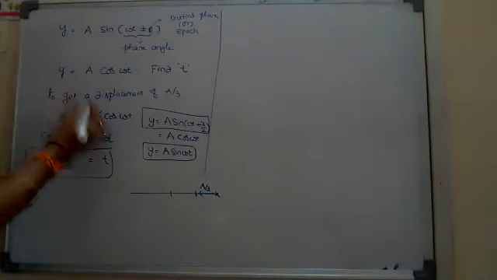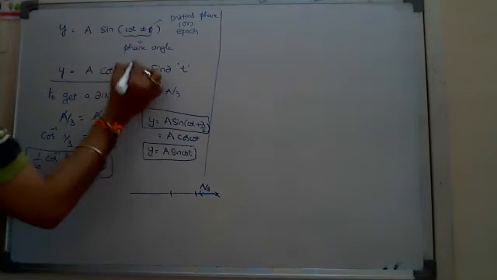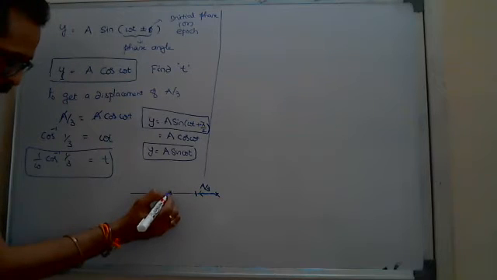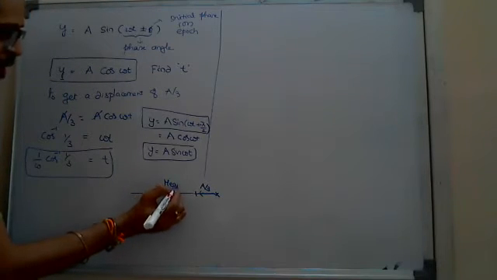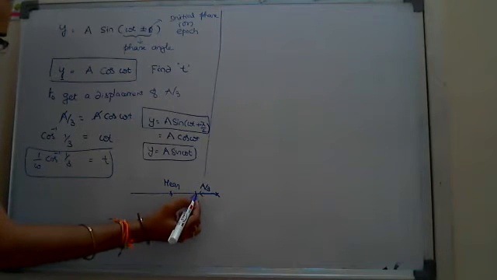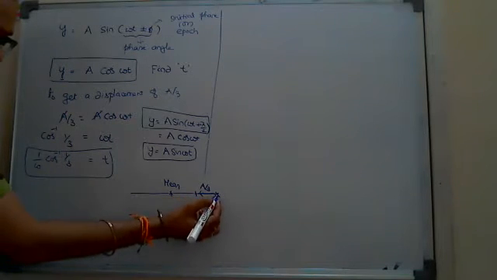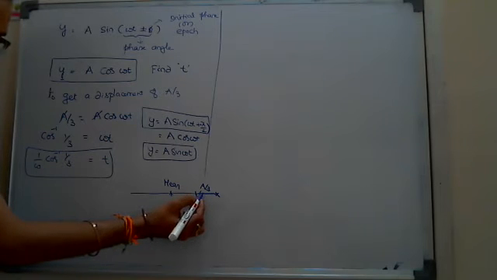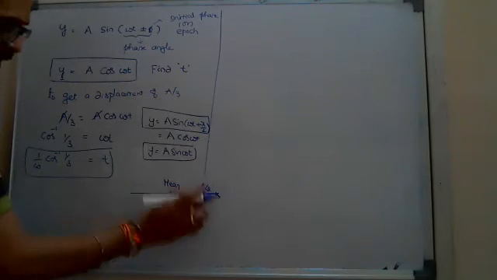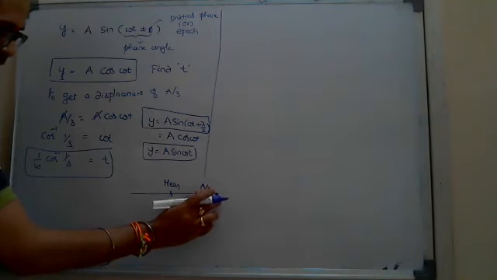Then in the equation y is equal to a cos omega t, where y is the displacement measured from the mean position, here generally we make the mistake. After traveling a distance of a by 3 along this straight line, that is the displacement of the particle when it started from the extreme position.